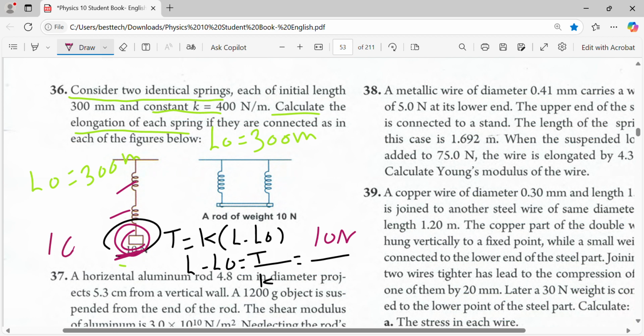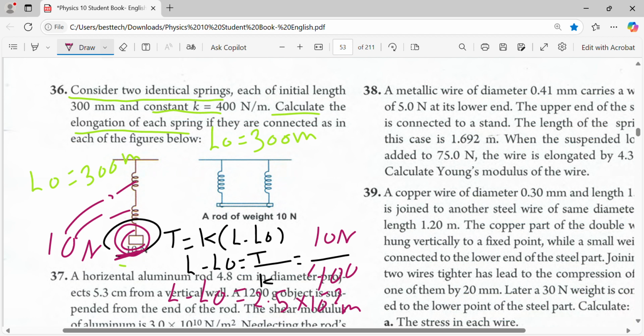This 10 unit is the weight for both of the springs, and the K constant is 400. You can divide it easily, so L minus L naught equal to 2.5 times 10 power negative 2 meter. So this is the elongation of the first spring.